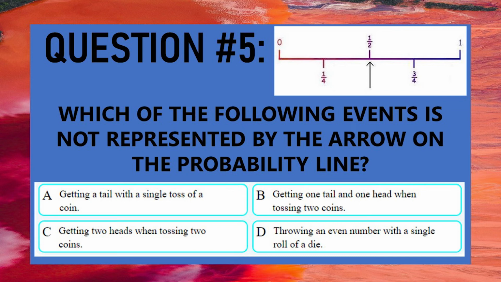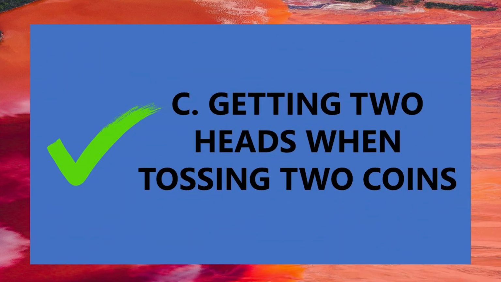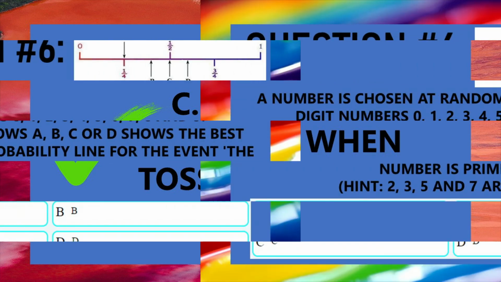Or letter D, throwing an even number with a single roll of a die. And the correct answer is letter C, getting two heads when tossing two coins.